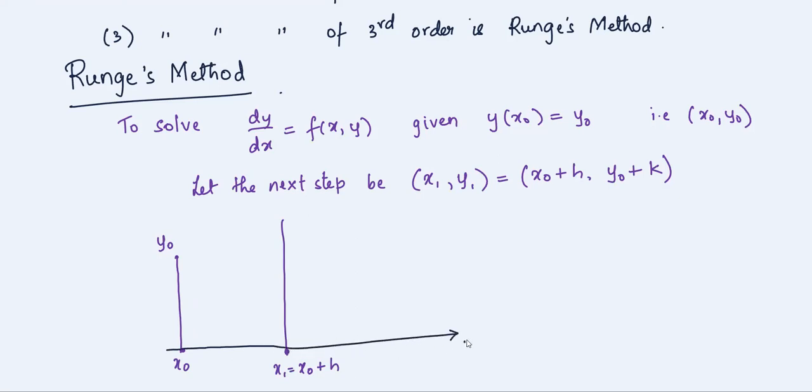These points are on the x-axis. So this is x naught plus h here, and this is y naught plus k.